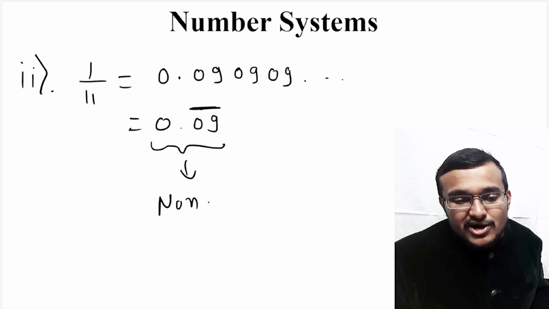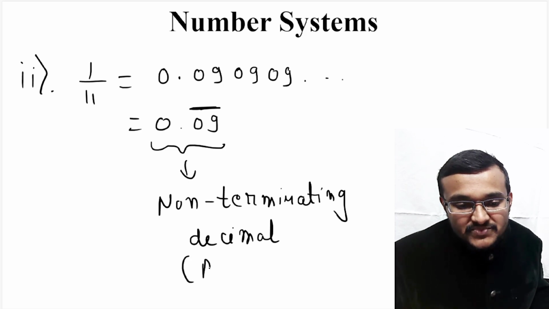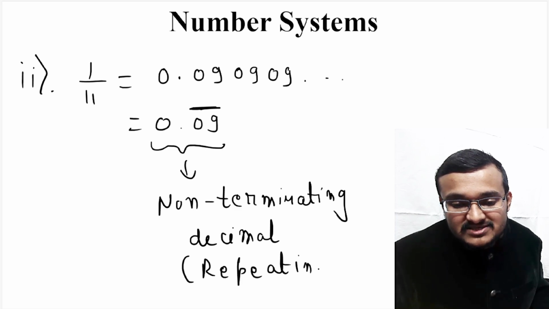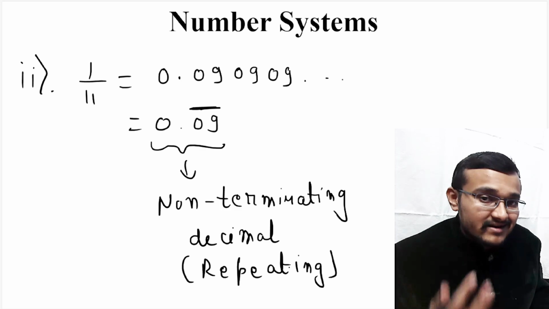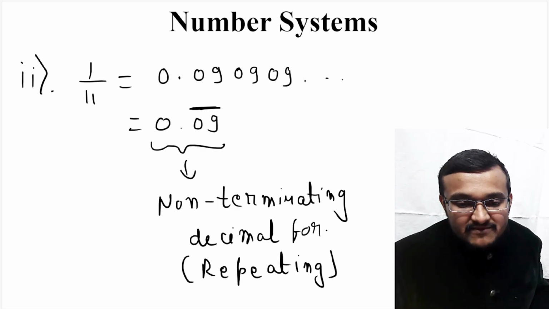This is non-terminating decimal form, but the values are repeating. Here 09 is repeating, so that means after a point, values are repeating. That means non-terminating decimal form with repeating pattern. You can call it a repeating pattern.